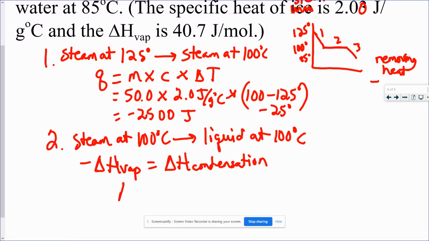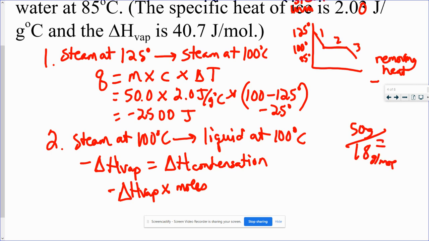And so I need negative the heat of vaporization times the moles to get that phase change. So I have 50 grams of water divided by 18 is the molar mass. So 50 divided by 18 is 2.78 moles.